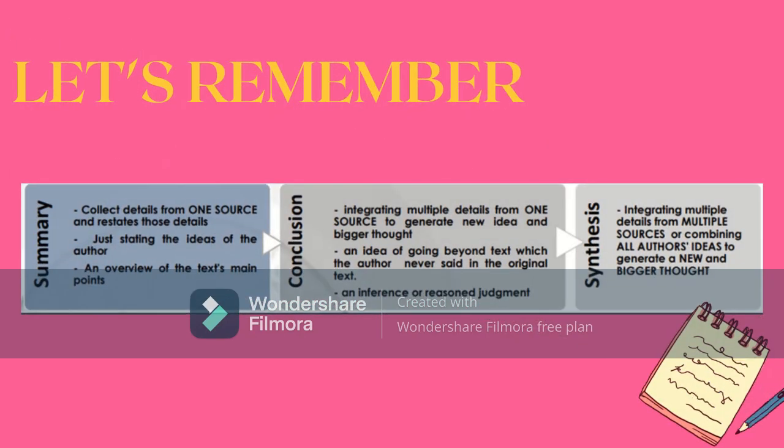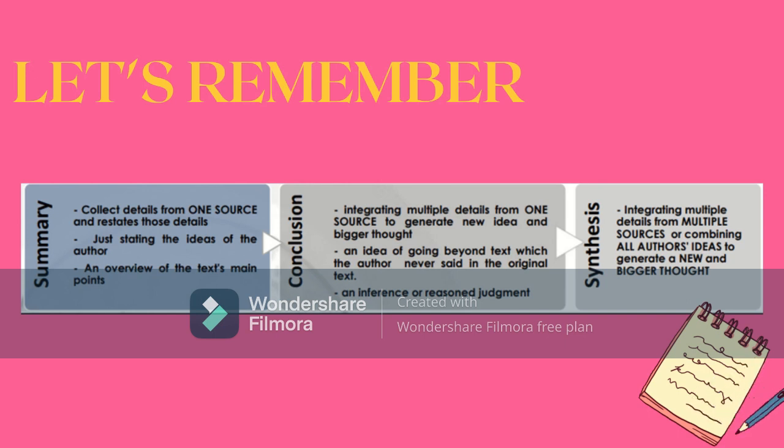Now let's remember, when we talk about summary, it collects details from one source and restates those details. It means just stating the ideas of the author in your own words. And also, it is an overview of the text's main point. On the other hand, when we say conclusion, it means integrating multiple details from one source to generate a new idea and a bigger thought.